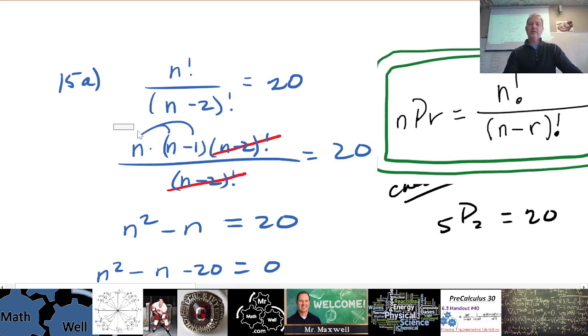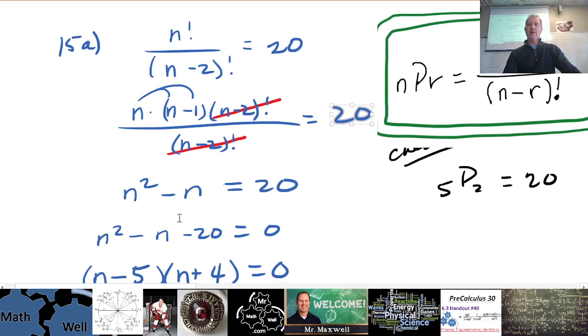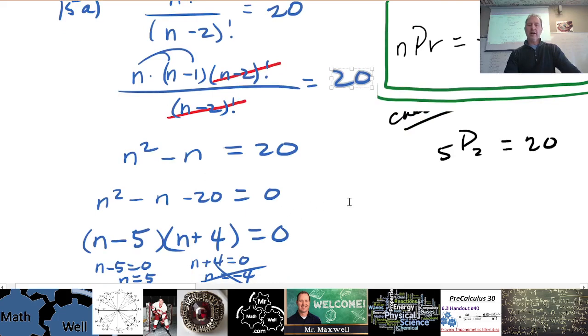When you're done simplifying, you see that you have these two things multiplied together, and when we multiply those together, you get n squared minus n equals 20. Don't forget about this on this side. That turns into a quadratic when you get all the terms over to the left side. You have a number of different ways that you can factor a quadratic, and you need to know how to do that. You can do it by sight, by intuition, or there's the quadratic formula, or factoring by decomposition.